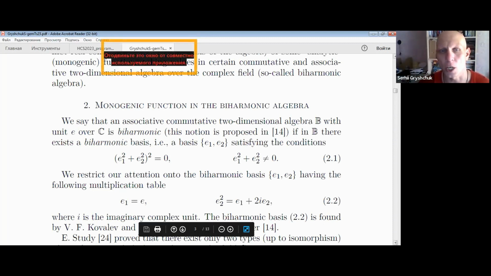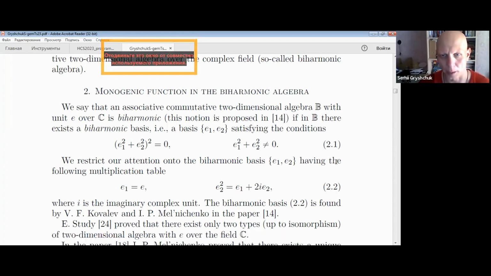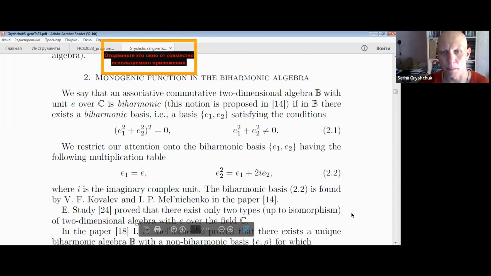If in such an algebra there exists a biharmonic basis, here a basis satisfying conditions 2.1, we restrict our attention to one biharmonic basis, having the multiplication table in the form 2.2, where I is the imaginary complex unit. This biharmonic basis was also found by Kovalov and Melnichenko.